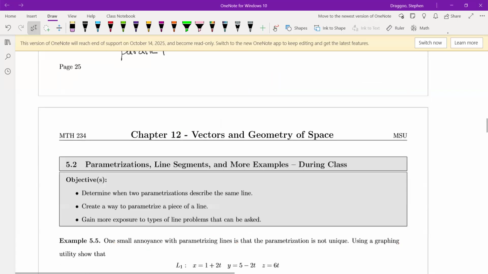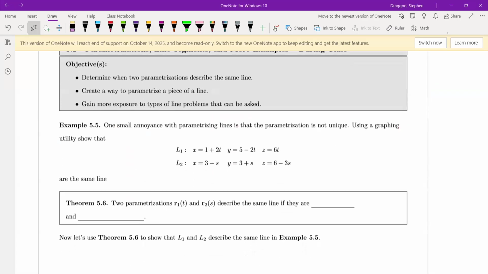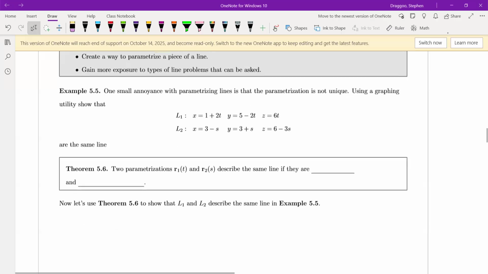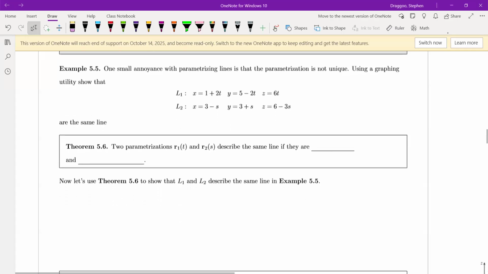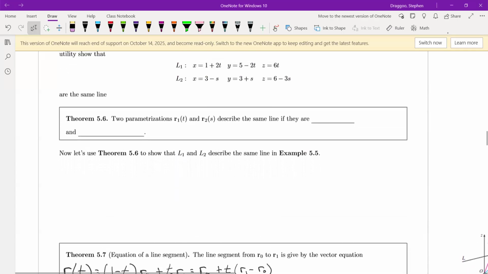And with most of the rest of today, we're going to look at how to figure out if two lines intersect. And if they do, where they intersect. So let's actually do an example. I've talked enough. Let's figure out L1 and L2. Hey, look, they're describing the same line. Right? Suppose we can start with that example. So we do that.